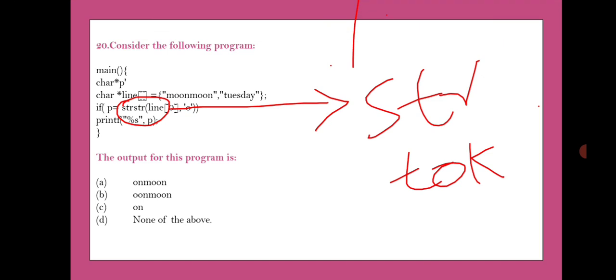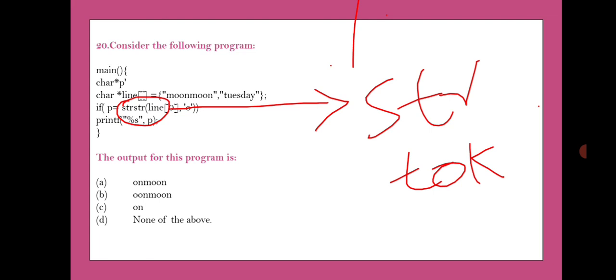Now guess the answer. strtok takes two arguments, constant char pointer p, constant char pointer q. Search p for a token delimited by the characters from q. I repeat, the standard library function character pointer strtok searches p for a token delimited by the characters from q. That is the second argument.